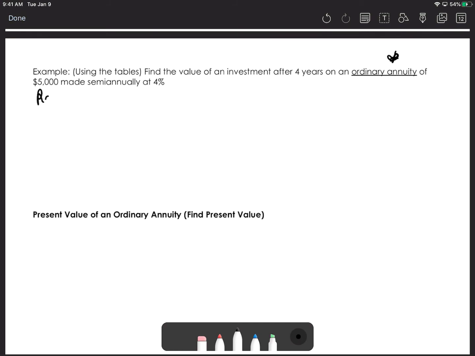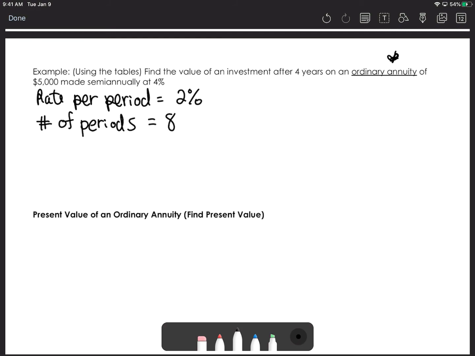So the rate per period is going to be 2% because that 4% is going to get split up into 2 periods per year. Then the number of periods is going to be twice a year for 4 years, which would be 8 periods.